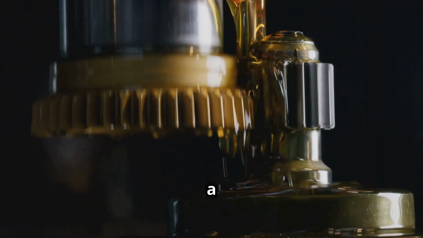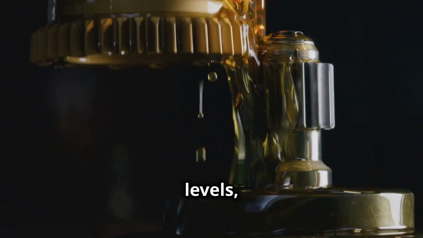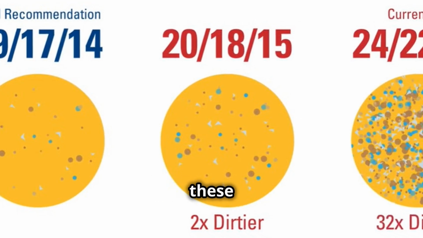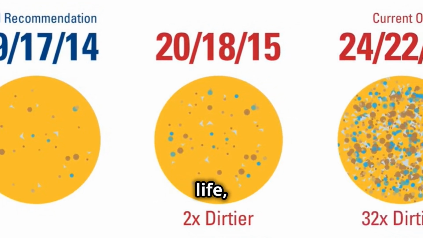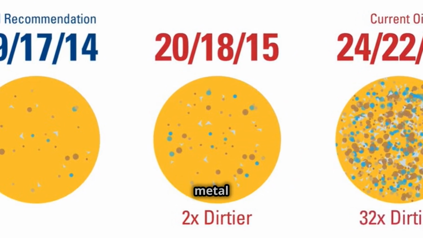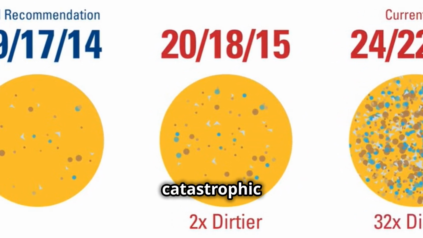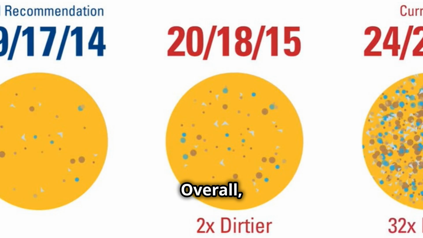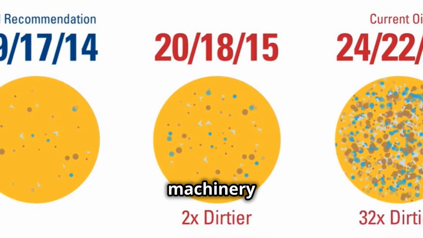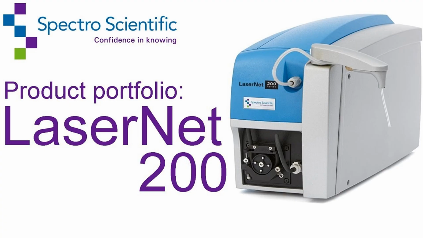Particle counting provides a quantitative measure of contamination levels, allowing for precise maintenance actions. Implementing these programs can extend machinery life, reduce downtime, and save costs. For example, detecting metal particles early can prevent catastrophic gearbox failures. Overall, oil analysis and particle counting are essential for maintaining optimal machinery performance and reliability.